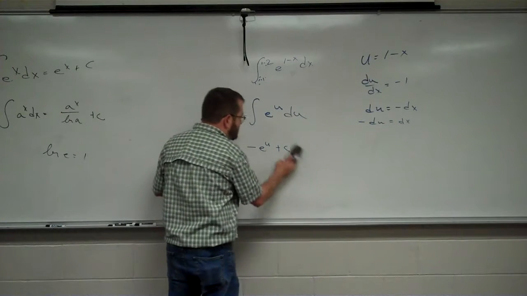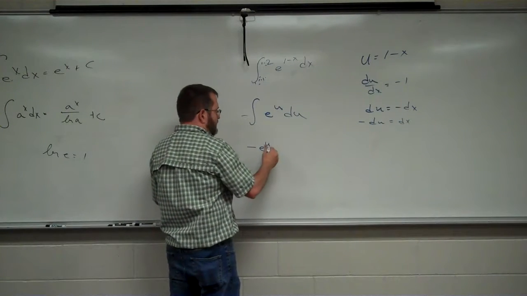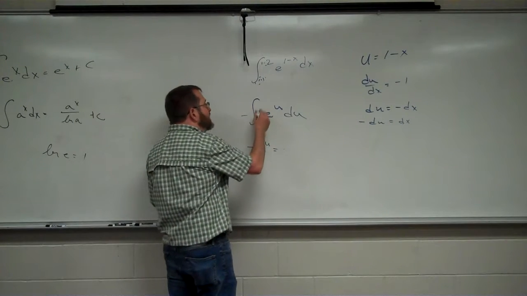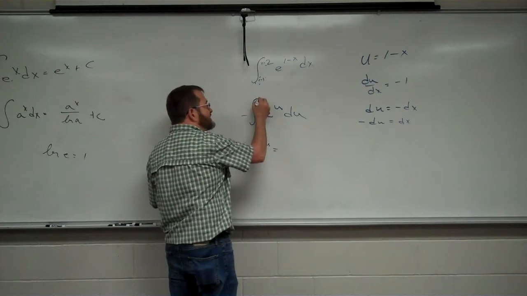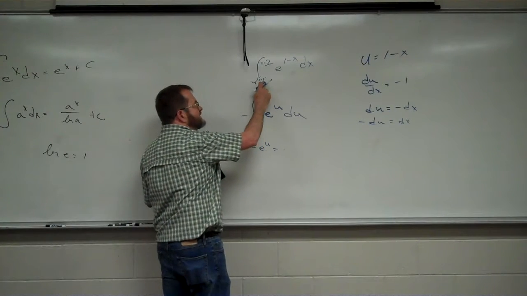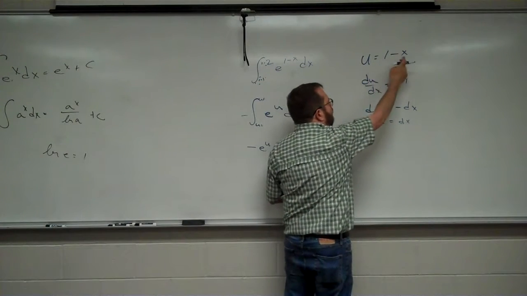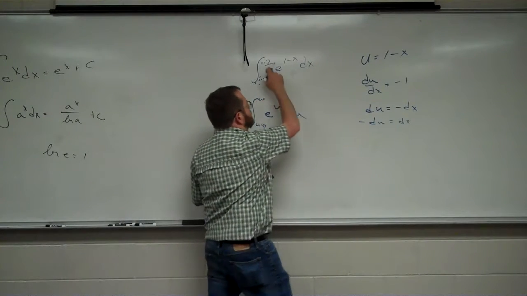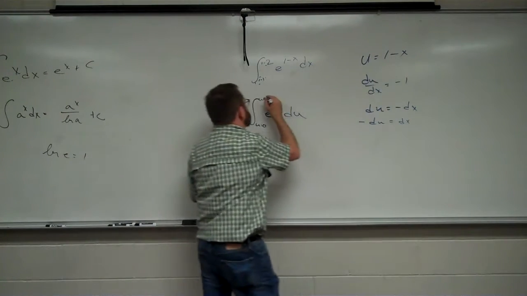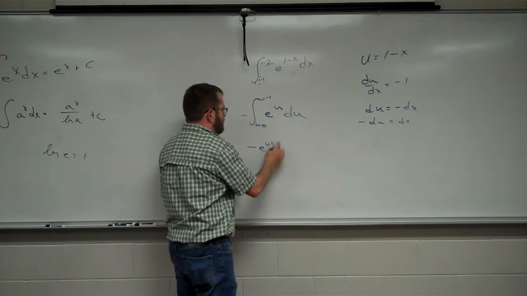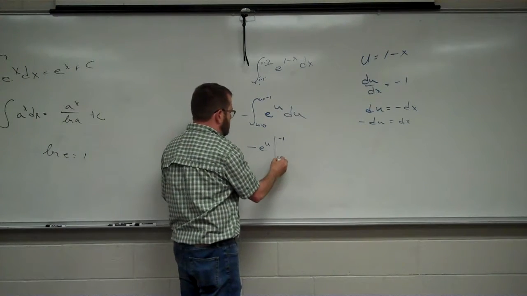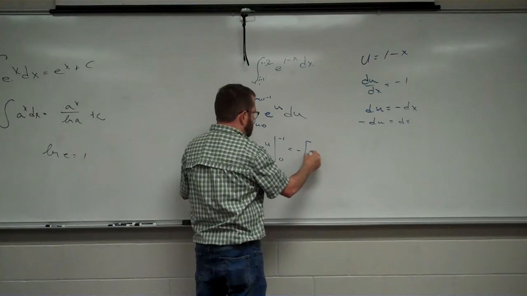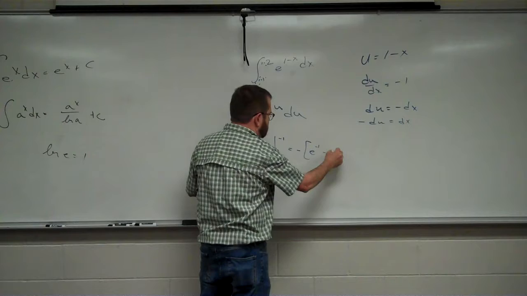Actually, though, we want to do a definite integral. Remember, there are two different ways to do this. We could come up with the new limits of the integral. Previously, x was equal to 1. If x is equal to 1, u is equal to 0. If x is equal to 2, then u is equal to negative 1. We could put those in here: negative e to the u from negative 1 to 0 equals negative e to the negative 1 minus e to the 0.